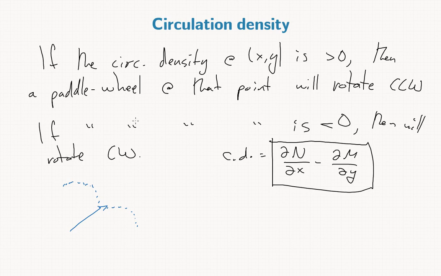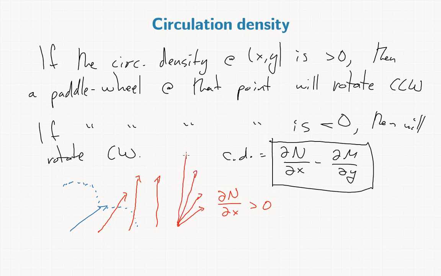Let's think about what each of these expressions is doing. If del N by del x is greater than 0, that means as we move right, in the direction of increasing x, the y component will be getting bigger. If we put all of these vectors to have the same tail, then we're getting a counterclockwise motion.